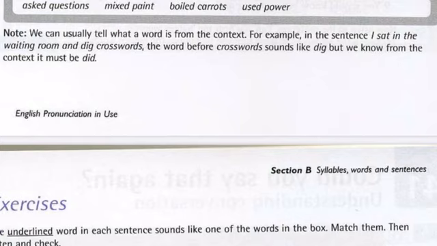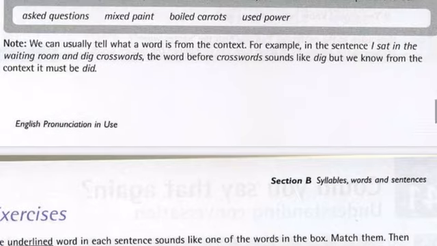So we can analyze this in our minds, and we can conclude that this must be did, but because of the assimilation process, we heard it as dig. But in slow, normal speech, it must be did. So this is how we tell which is the real sound.